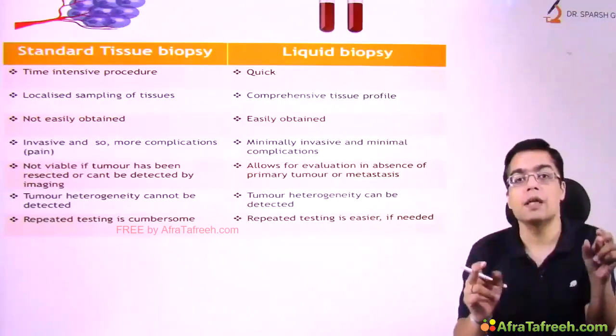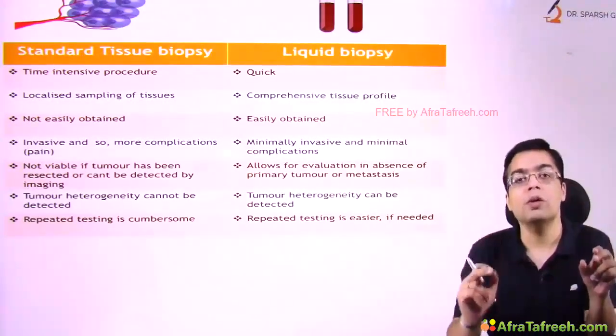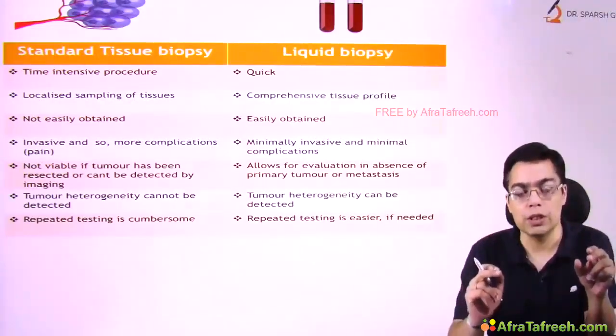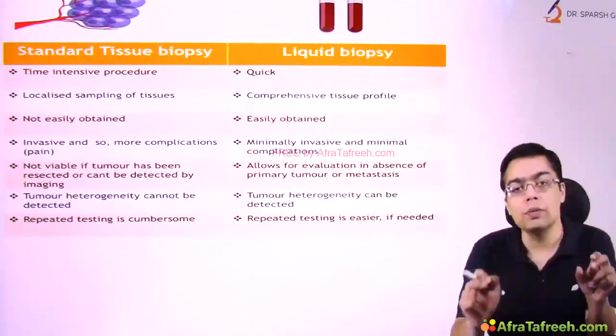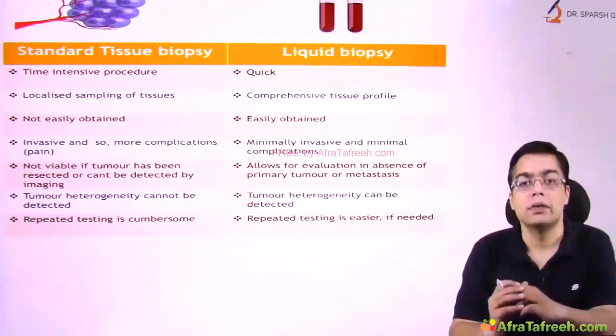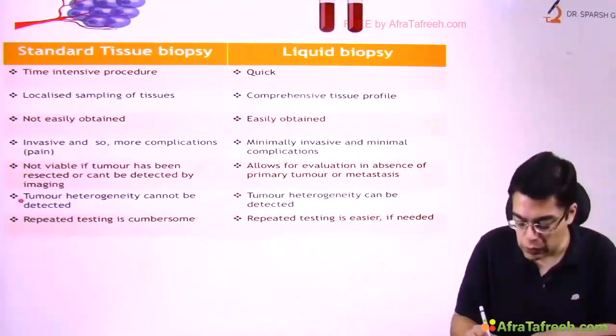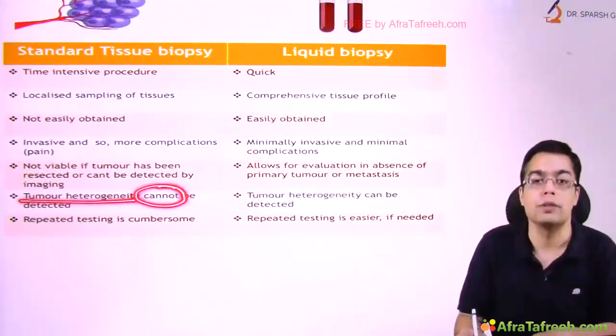At the site of secondaries or metastasis, tumors acquire more mutations. If you perform a standard tissue biopsy, you are taking tumor cells from only one site. So you will not be able to detect the genetic mutations present at the other site. Therefore, I have written over here that tumor heterogeneity cannot be detected by standard tissue biopsy.